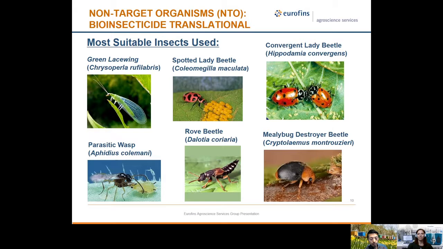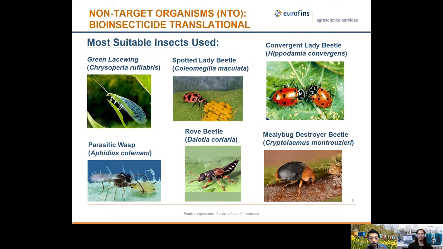And then on the bottom of that are the rove beetles, which are lab reared and available year round. And they do have a shorter duration of survival in the lab. But for these tests, it's not as critical because the tests only go for maximum of 3 days.